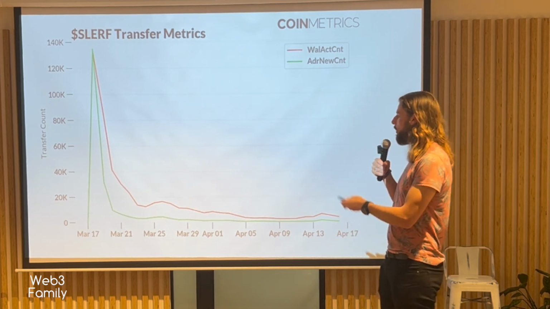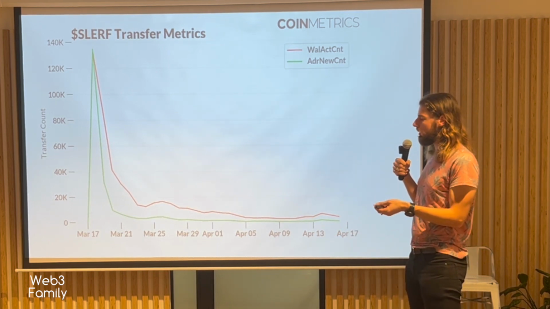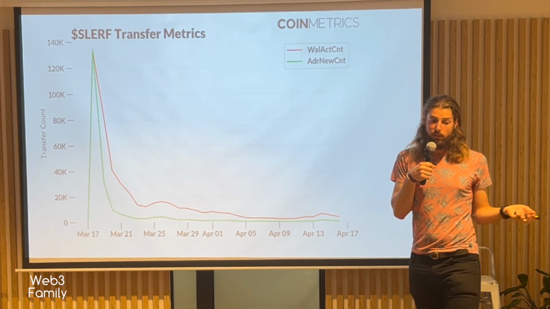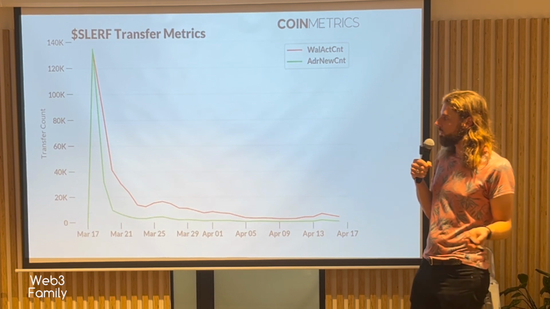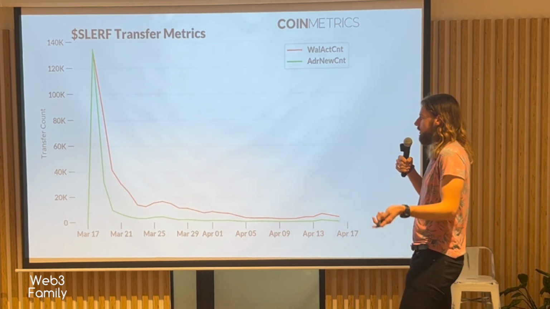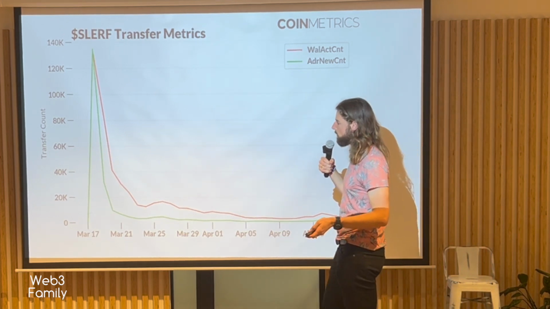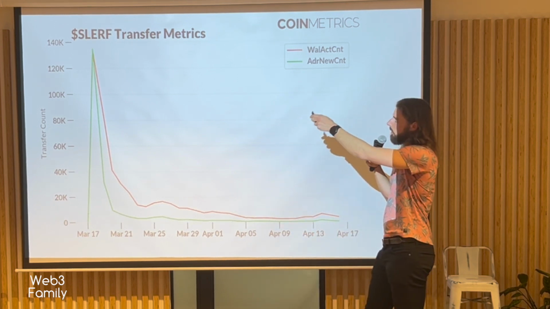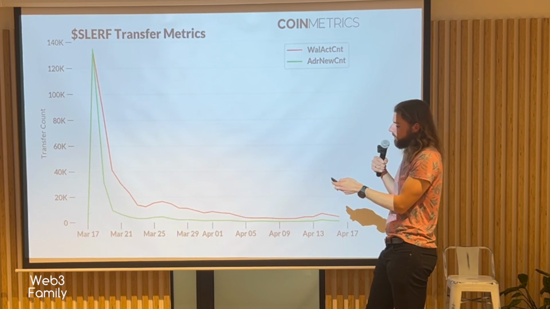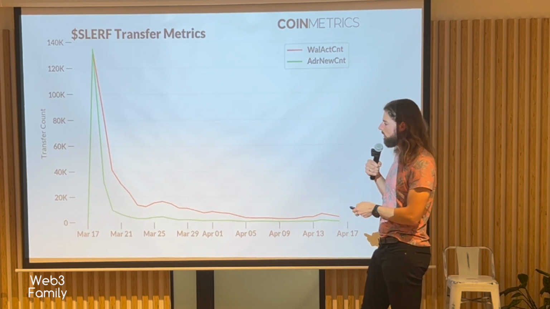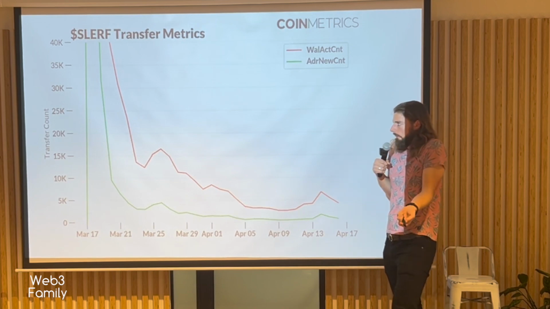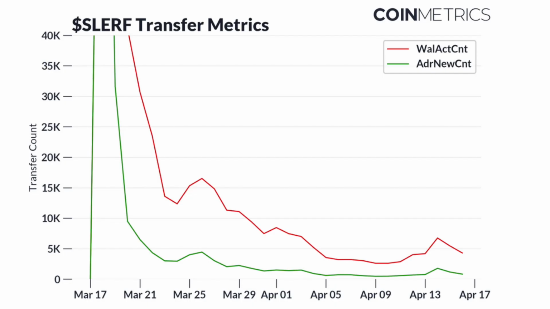Burnt it all, or burnt half, and then it was allegedly the fairest meme coin launch ever because all of the pre-sale was accidentally burnt. But you never know with these things, it's all just marketing. But you can see 140,000 unique wallets bought this meme coin token on the first day. But since then, is it dying? Maybe, but a lot of these graphs look like this.